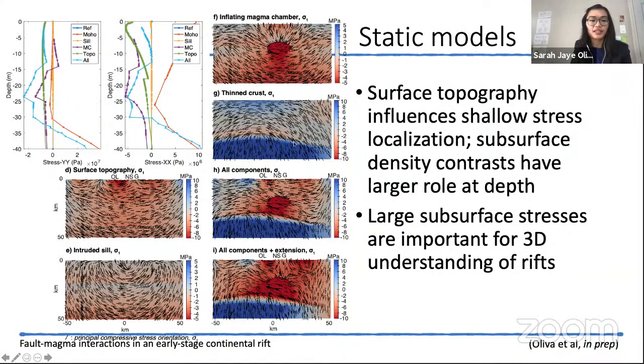That effect introduces stresses up and down the column. So these are cross-section profiles down these 2D plots.